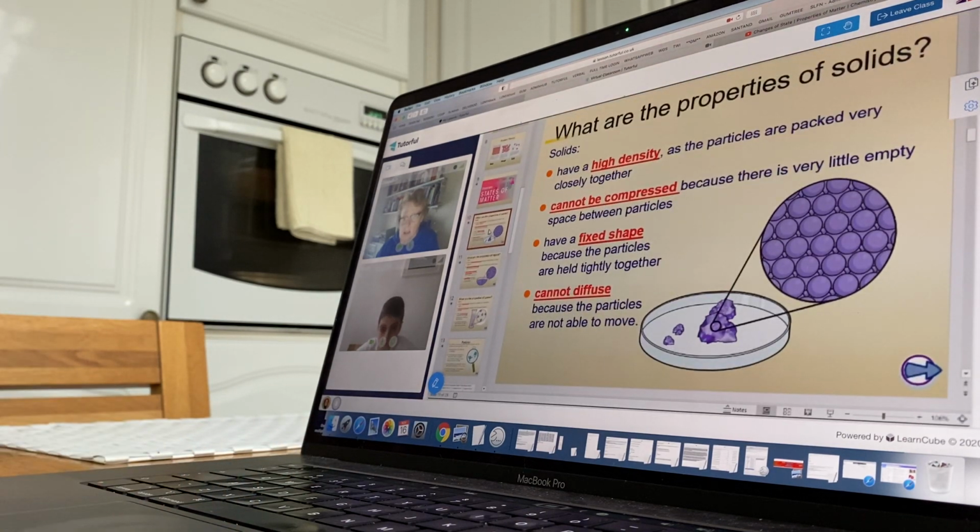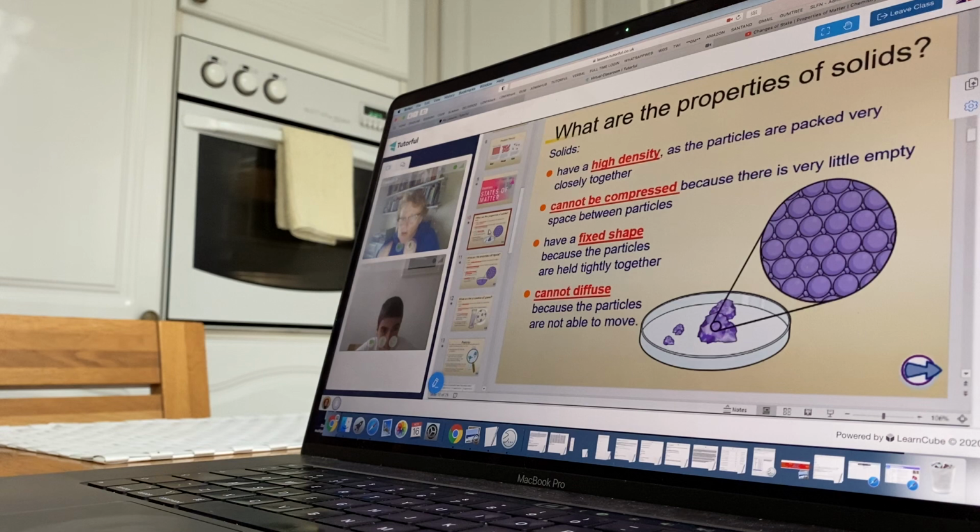So in a solid, the density is high because all the particles are packed together. We can't squash them, we can't compress the solid because there's not much space for squashing them because the particles are all close together. They've got a fixed shape because the particles are all attracted to each other and they hold each other tightly. And they can't diffuse. I'll come back to diffusion in a minute. Okay?